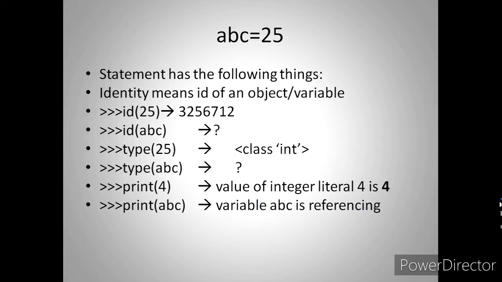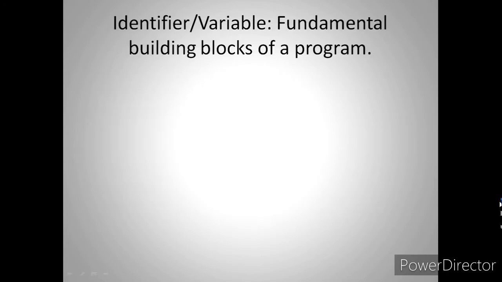When we say print abc, what will it do? Please respond so that I know you are able to understand. Print 25. Yes, it will definitely print 25. So the value that abc is holding will be printed.